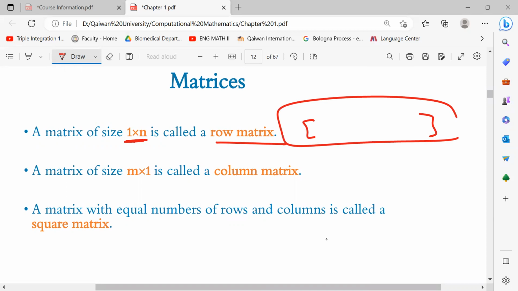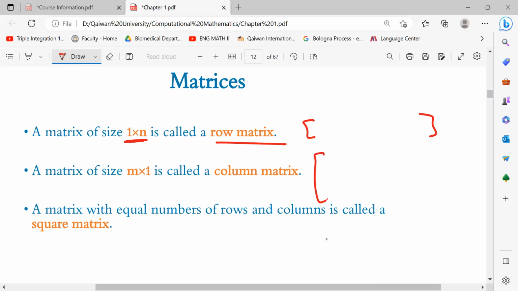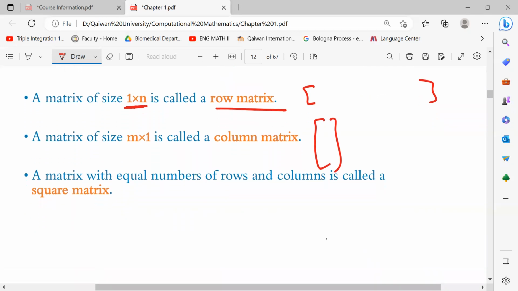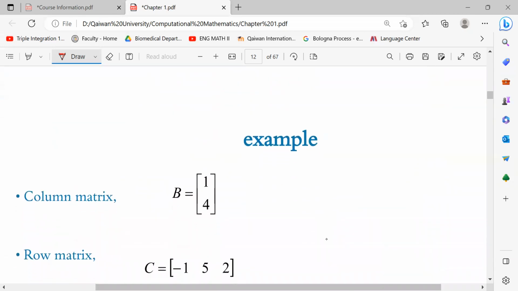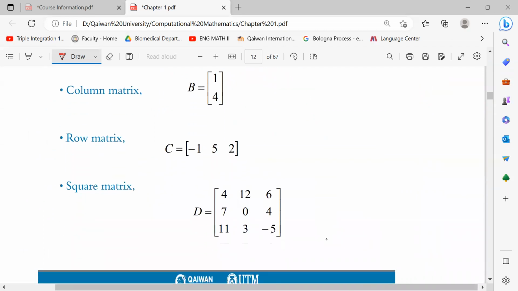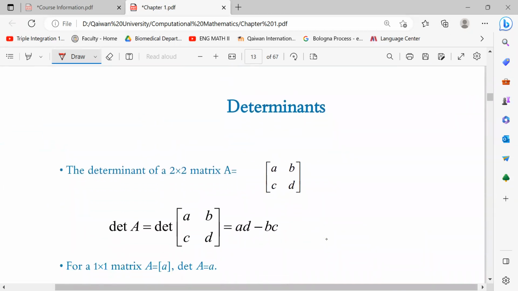If it's n by 1, it is in this form and it's called a column matrix or a column vector. But if we have the same number of rows and columns, it's a square matrix. This is a column matrix, this is a row matrix, and this is a square matrix.